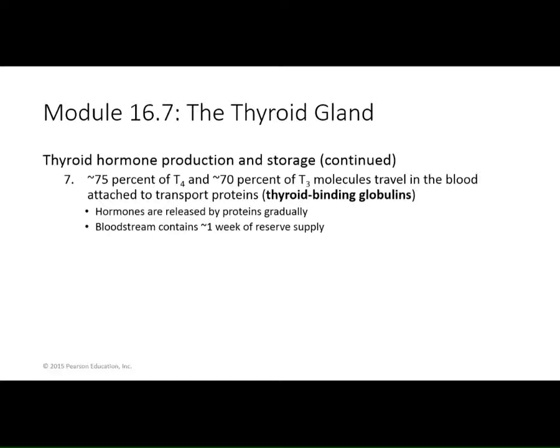It's carried through the blood through a transport protein called thyroid binding globulin. Okay, so it kind of tells you what it does, right? It binds up the thyroid. Globulin tells you that it's a, quote, globular, round kind of protein. It ends in IN, globulin. So you know it's a protein. It's kind of round in shape, and it binds thyroid and carries it around the bloodstream.